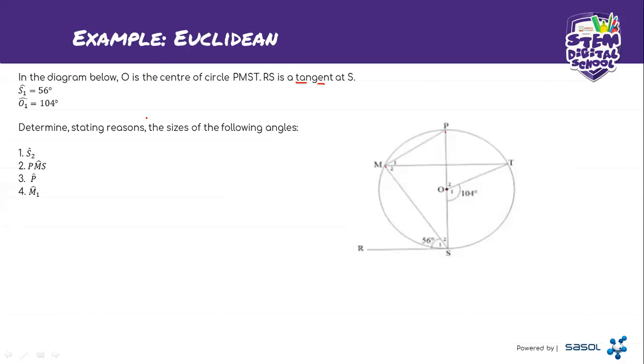The other one is that the angle at the center is twice the angle at the circumference. And the last one is when we have a diameter. You remember earlier on we talked about the diameter. The angle subtended by that diameter is equal to 90 degrees, right? So surely one of these theorems is going to be used to help us answer the questions.